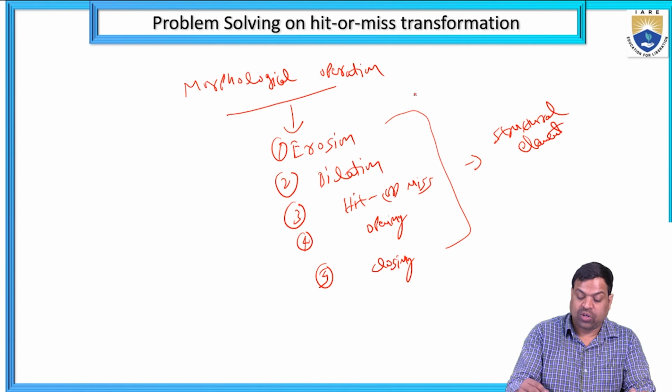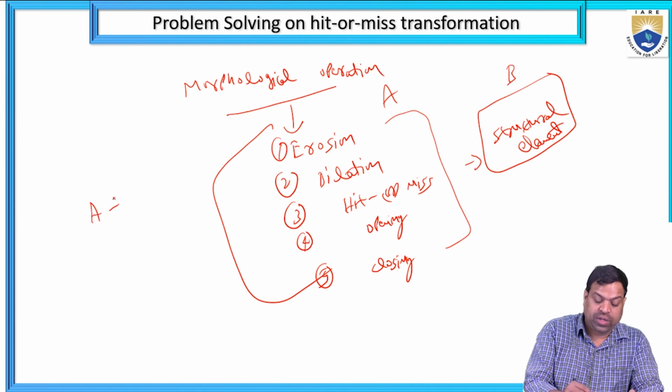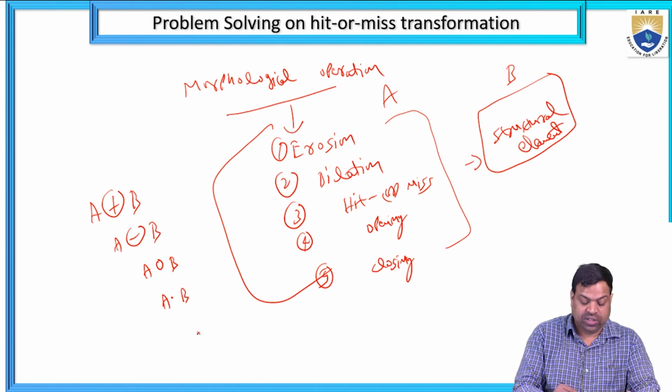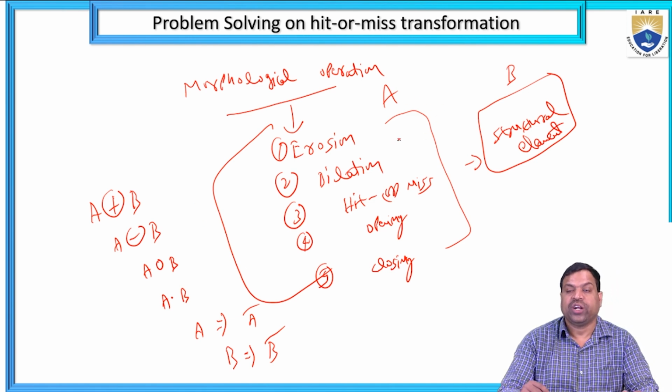Suppose I'm taking erosion or dilation, whatever it may be, it is the A and the structural element is the B. So if I'm performing A plus B, A minus B, A circle B, A dot B, any of these, any of the structural element, A with A complement, B with B complement, any of these, I need the matrix of eroded matrix, dilated, hit or miss, opening and closing. But the structural element is needed.